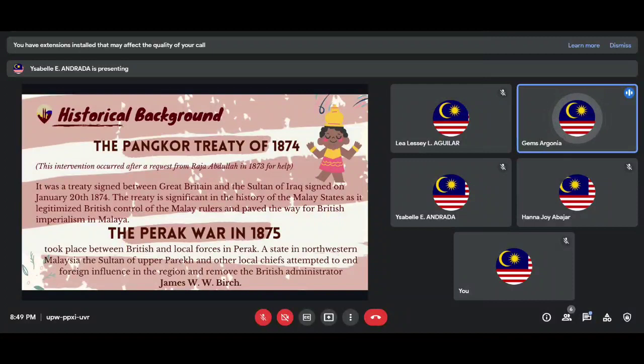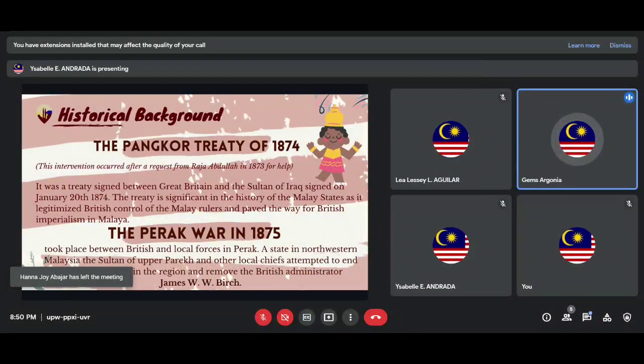The Perak War in 1875 took place between British and local forces in Perak, a state in northwestern Malaysia. The Sultan of Upper Perak and other local chiefs attempted to end foreign influence in the region and remove the British administrator.